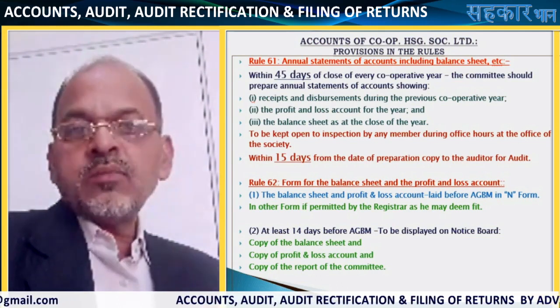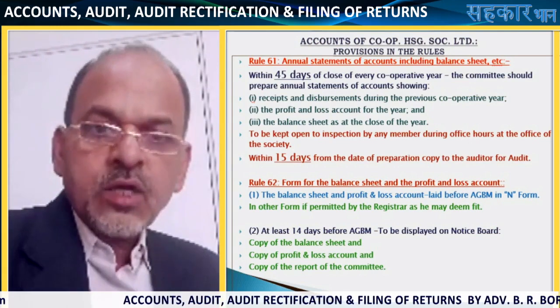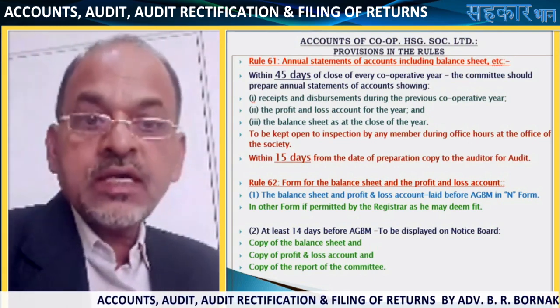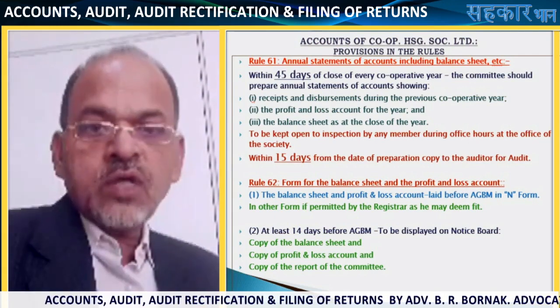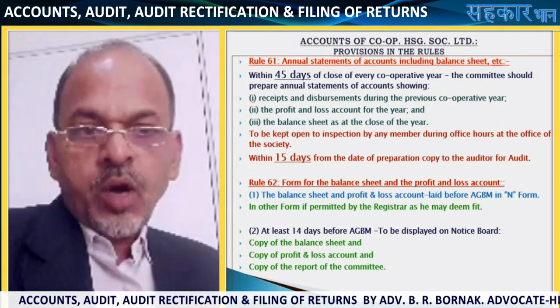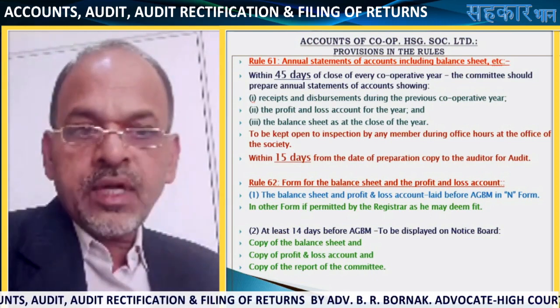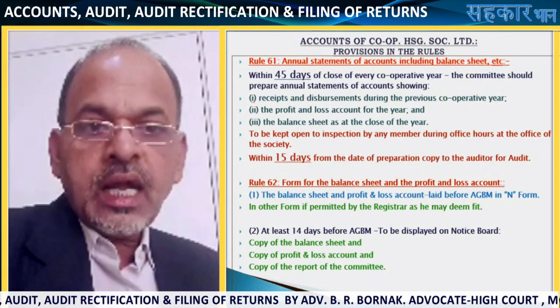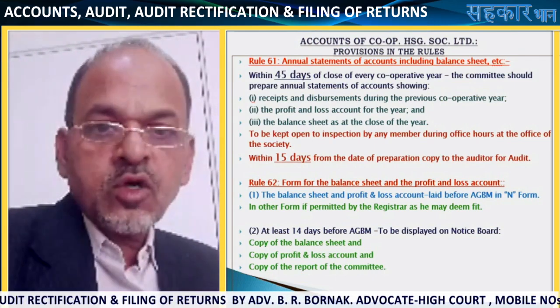Now, which statements should the managing committee display on the notice board of the society as per sub rule 2 of rule 62, within at least 14 days before? See, this 14 days is the time period for notice of the annual general body meeting.